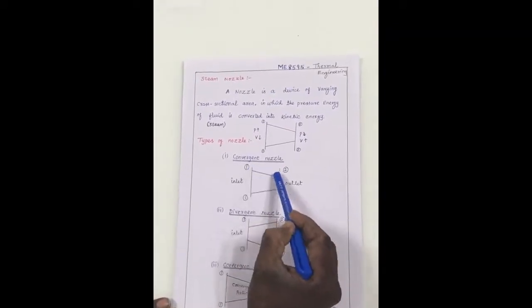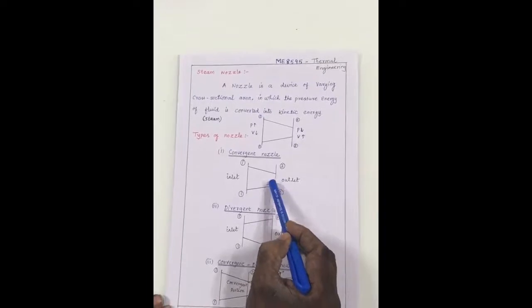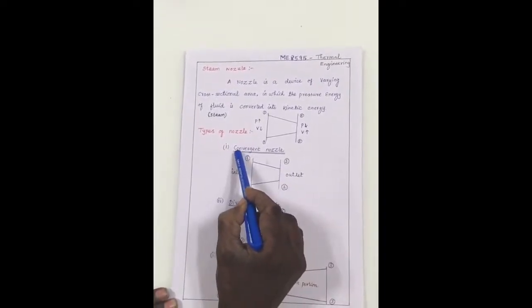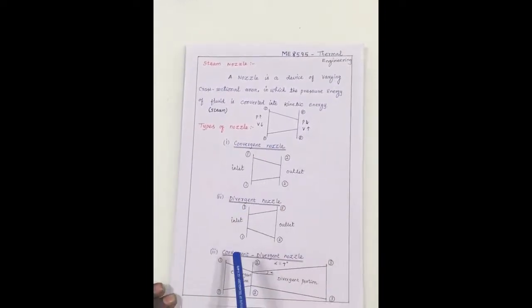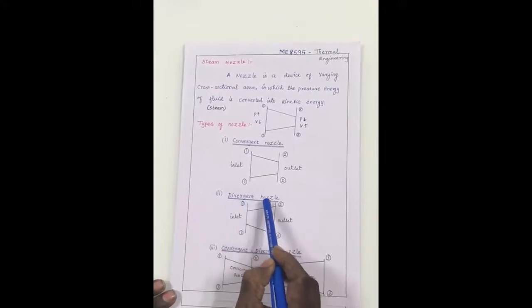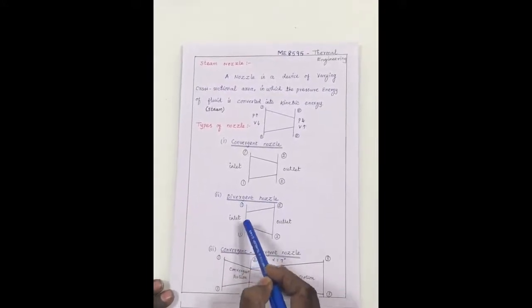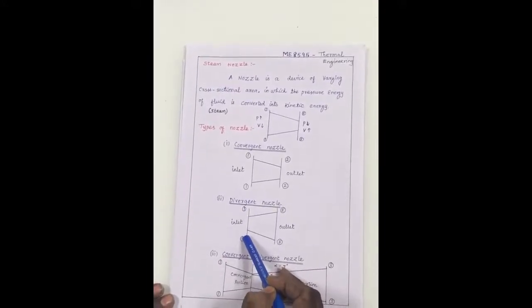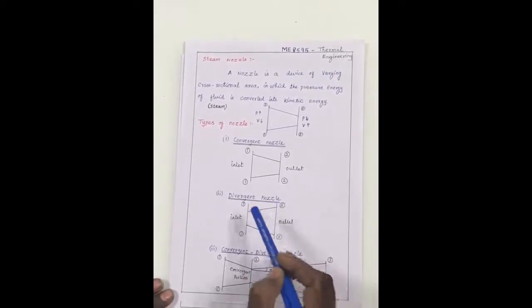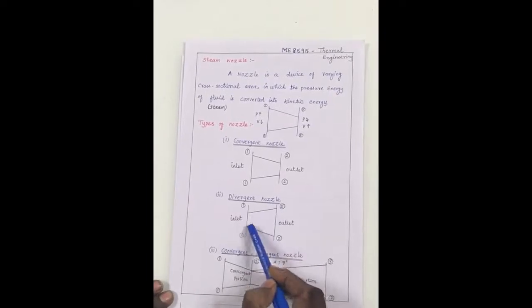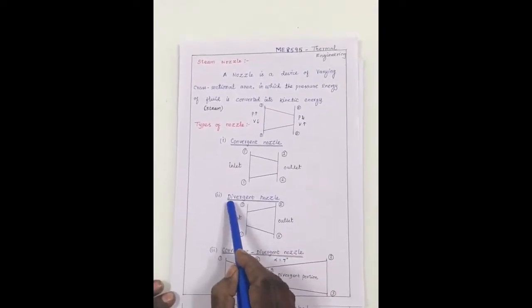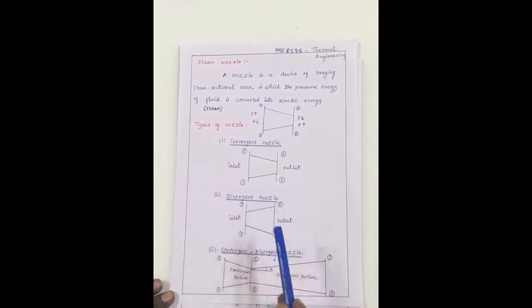So the portion of the nozzle is converged. That is why it is called a convergent nozzle. The second type is the divergent nozzle, where the inlet area is less than the exit area. So the portion of the nozzle is diverged.